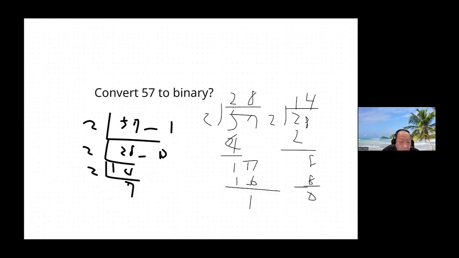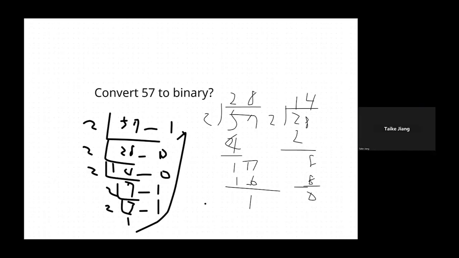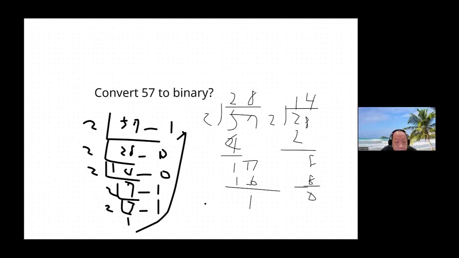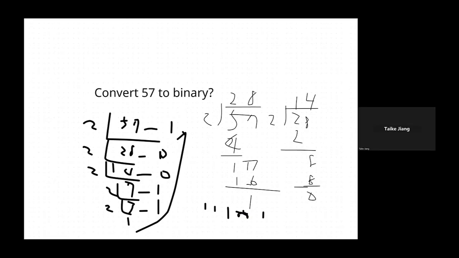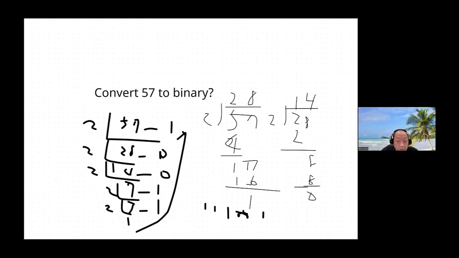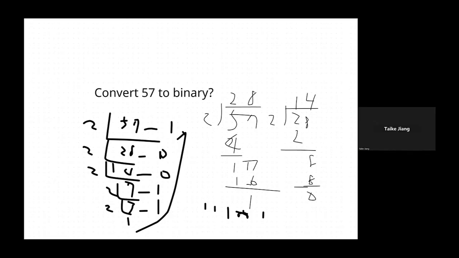Divide by 2, you get 1 remainder 1. 1 cannot be further divided, and you read from here to here, you become 1, 1, 1, 0, 0, 1. That will be your binary number. So this is converting decimal to binary.